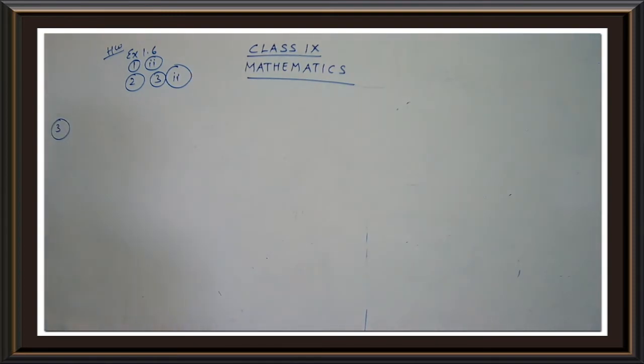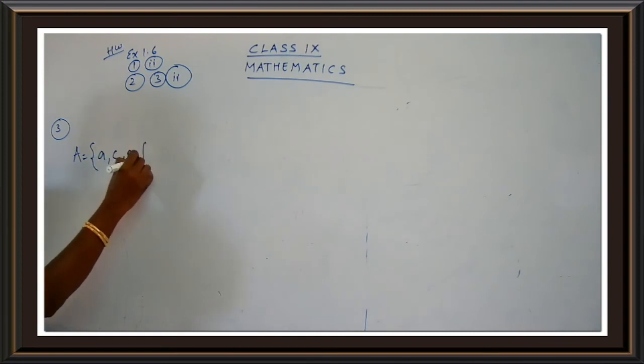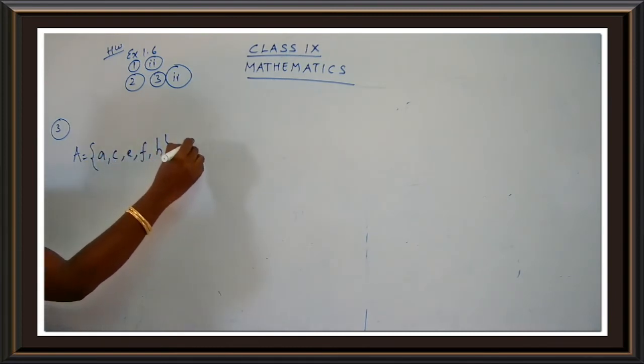Take down the first subpart. What is the first subpart, children? A is equal to A, C, E, F, H. And what is B given to you?